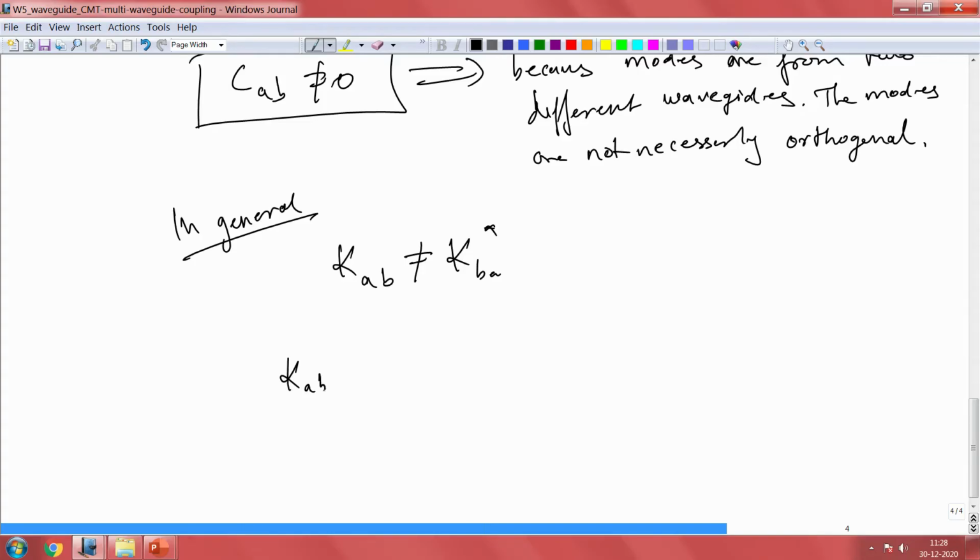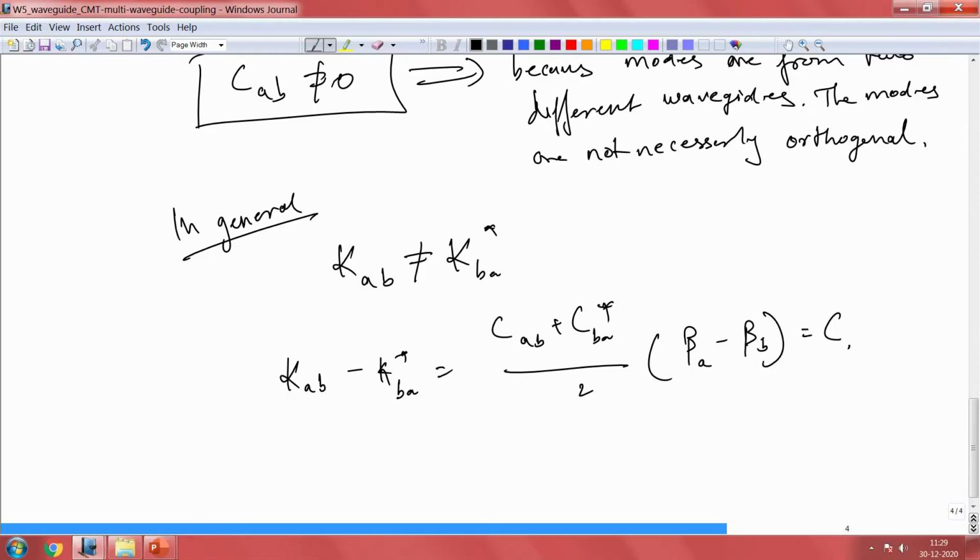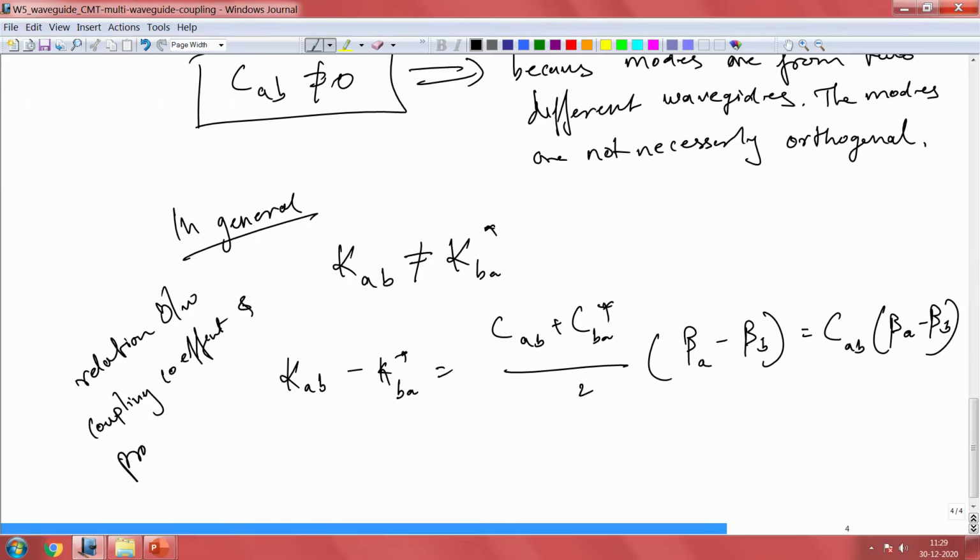So, that is kappa AB minus kappa BA star can be written as CAB plus CBA star times 2 beta B minus beta A minus beta B, beta A minus beta B, which is equal to CAB beta A minus beta B. So, this is the relation between coupling coefficient and propagation constant.